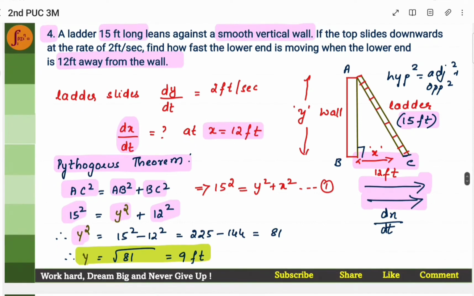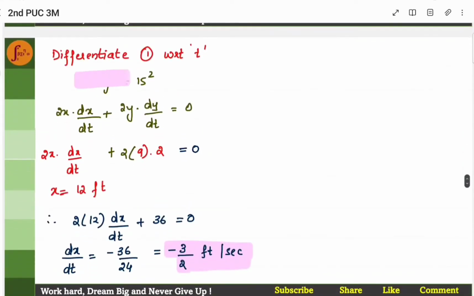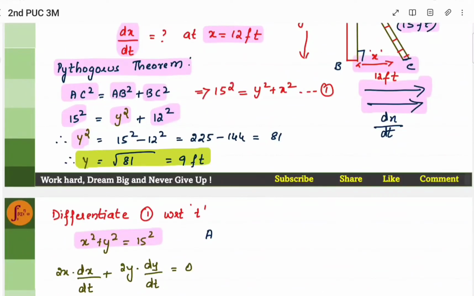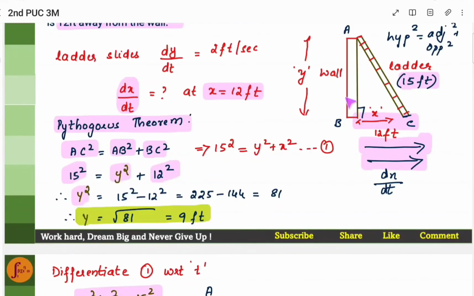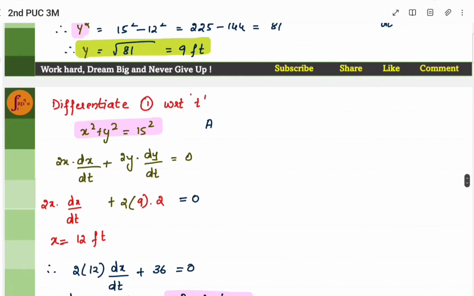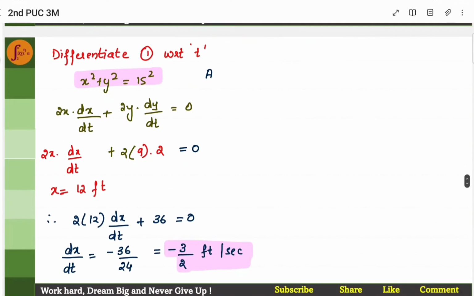So now I'll differentiate this Pythagoras theorem. I'll take x square plus y square is equal to 15 square. AC square is 15 square, AB square is y square, BC square is x square. So I'll take this equation and differentiate. And then I have to find dx by dt from this expression.